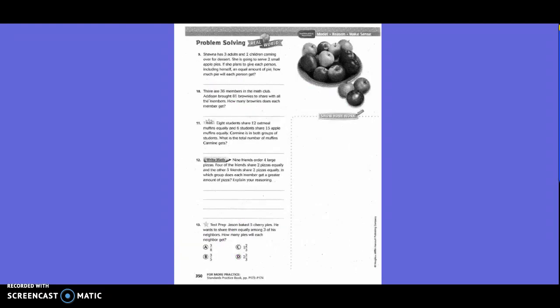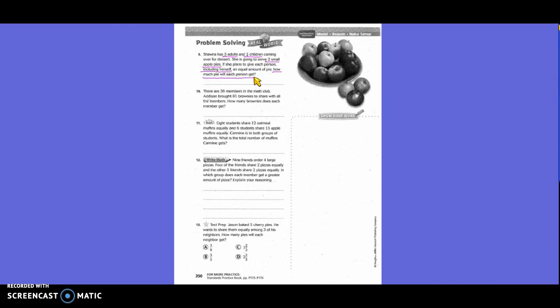Shauna has 3 adults and 2 children coming for dessert. She is going to serve 2 small apple pies. If she plans to give each person, including herself, an equal amount of pie, how much pie will each person get? So what do we need to underline? 3 adults, 2 children, and then 2 small apple pies. And then what else do we need? Including herself. So how much total pie do we have? 2.